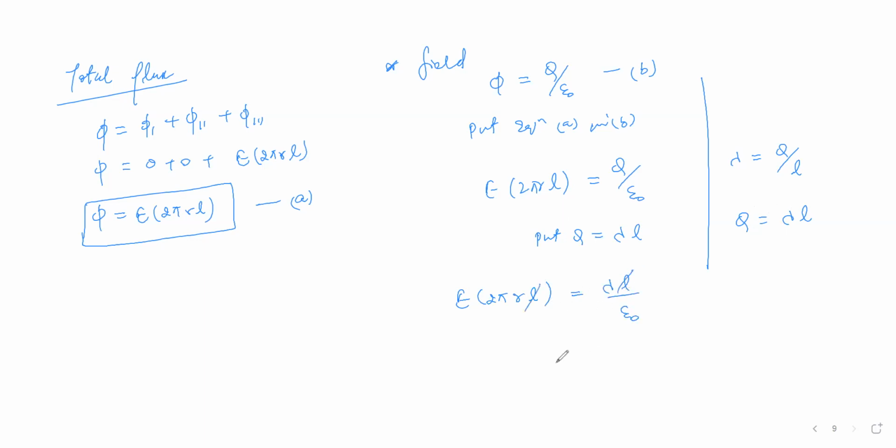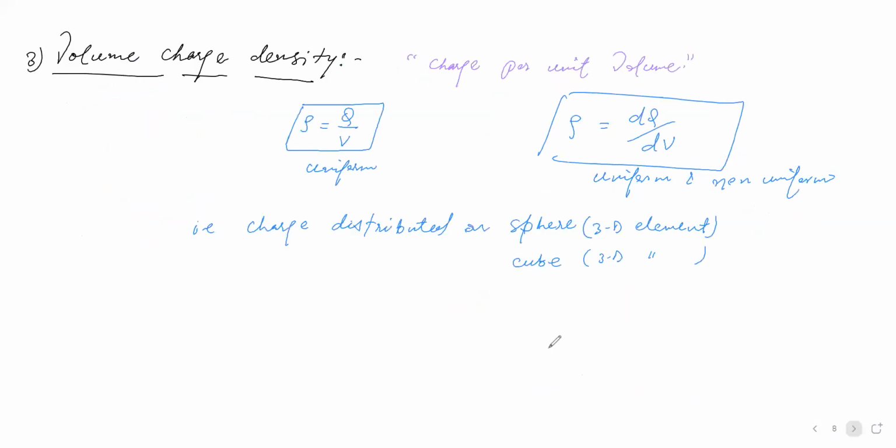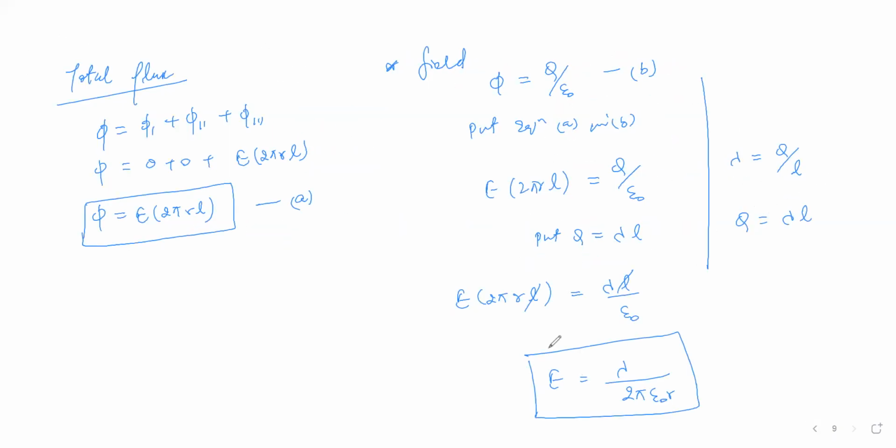L is cancelled with L. Finally, E is equal to lambda over 2 pi epsilon naught R. Note it down, please. This is your value of electric field due to the infinite line charge. Are you clear?